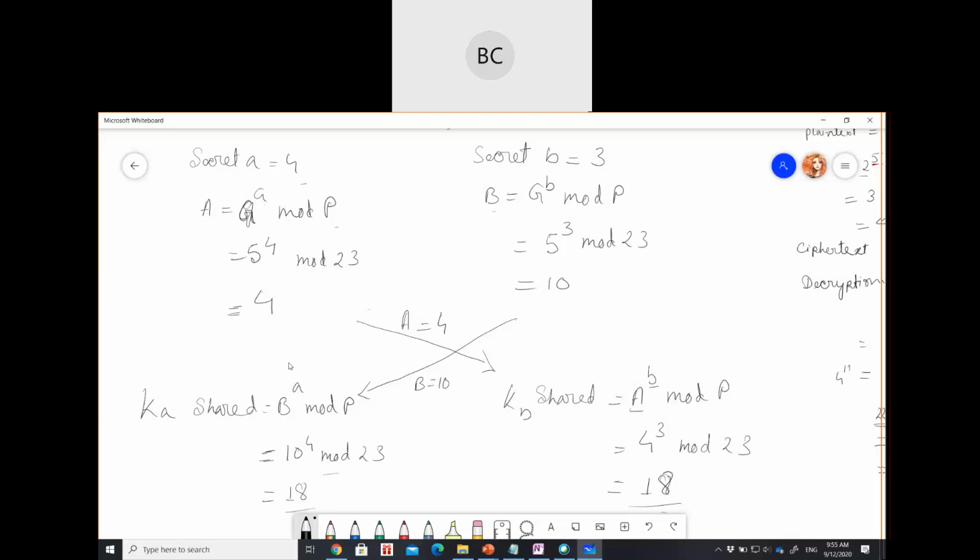It's simpler than RSA, I would say. Any confusion?